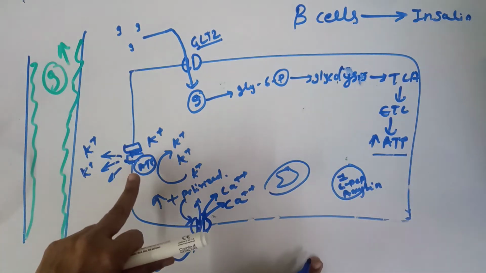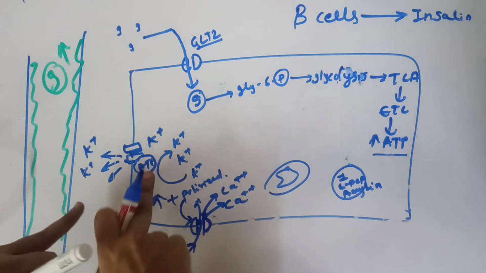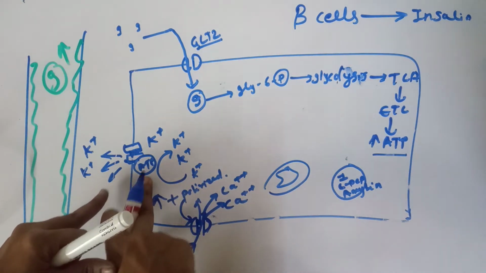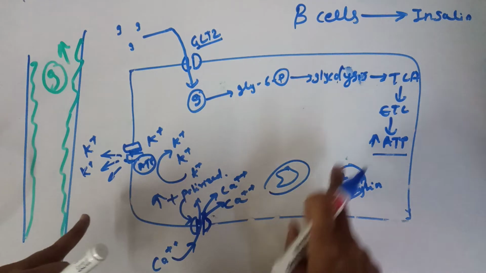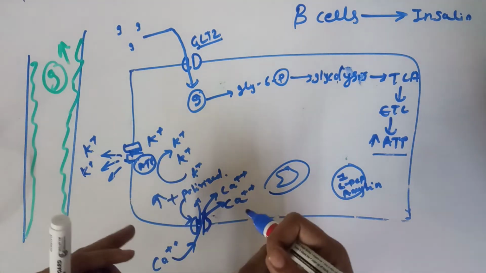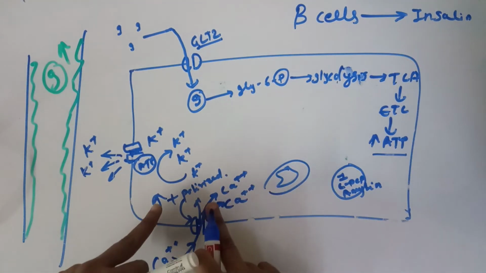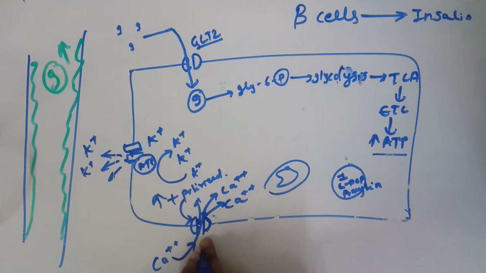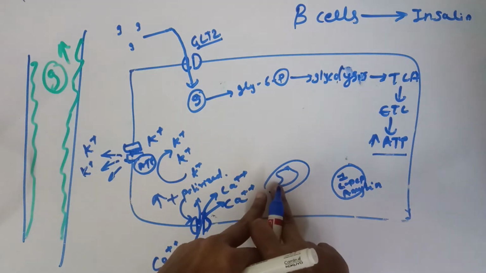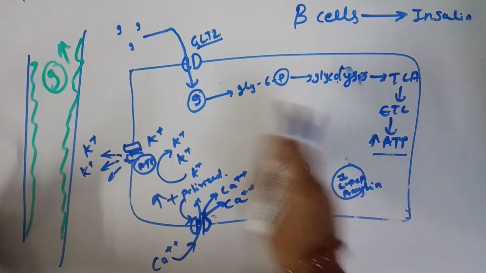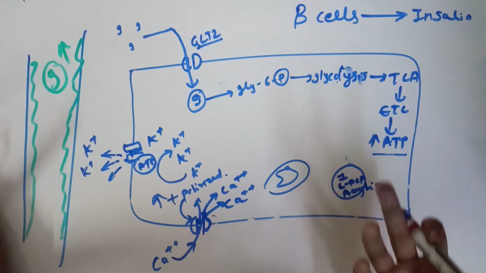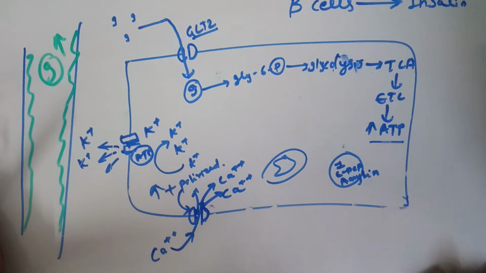When the potassium channel closes, it increases the internal positive polarization. Because of this positive polarization, it opens the calcium channel, and because of the high concentration of calcium inside the beta cell, what happens next? I will tell you.